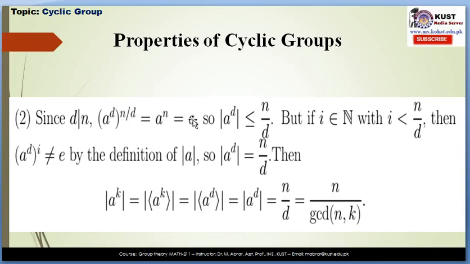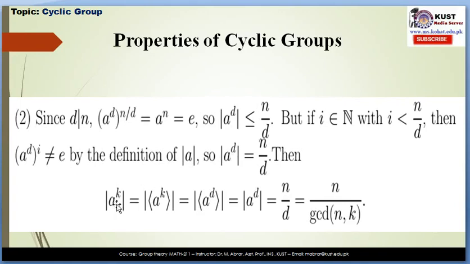So we see here the order of a^d cannot exceed n by d. On the other hand, if we consider any natural number less than that, then of course it cannot produce e, by definition of the order of a. So in that sense this was the smallest, so that becomes the order of a^d.